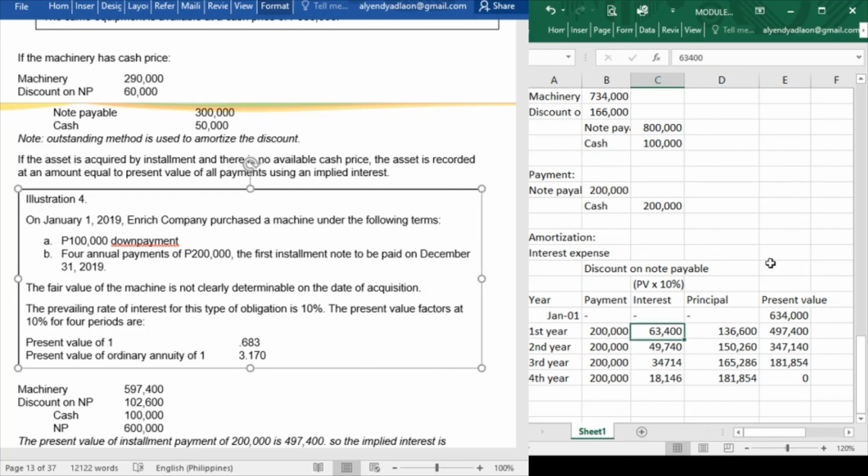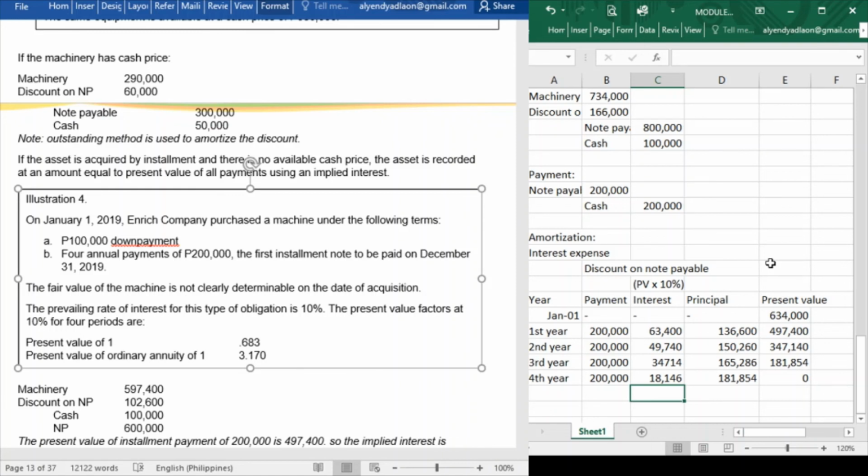Now let us check, class. Okay, if you remember, our discount on note payable is 166,000. Now let us see if all the interest payments total 166,000. So that is 63,400 plus 49,740 plus 34,714 plus 18,146.